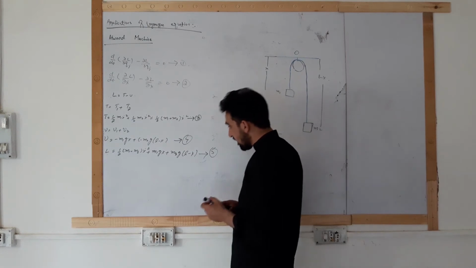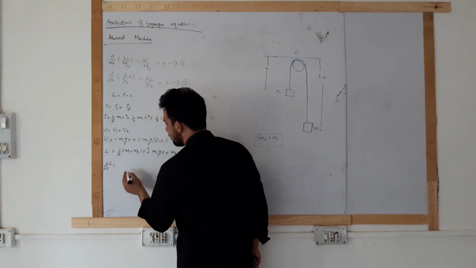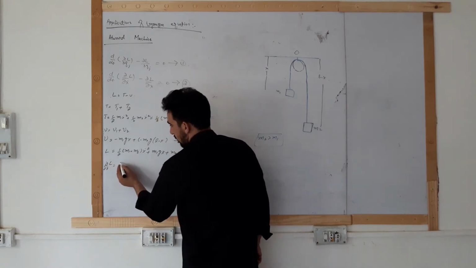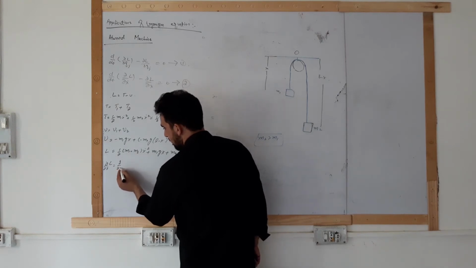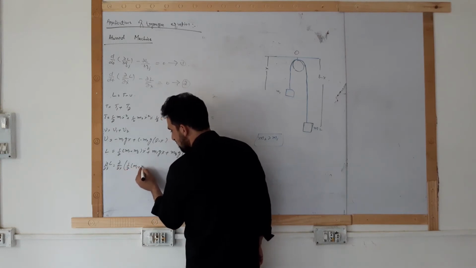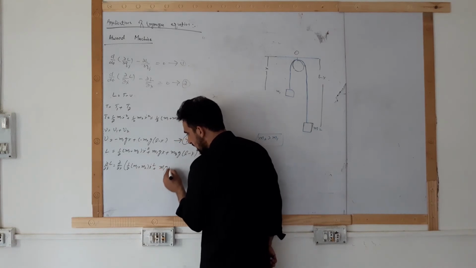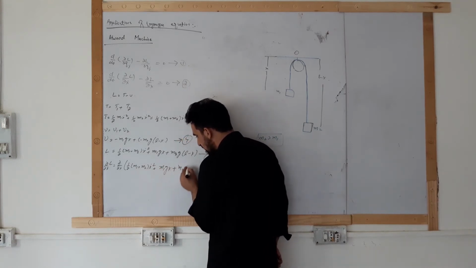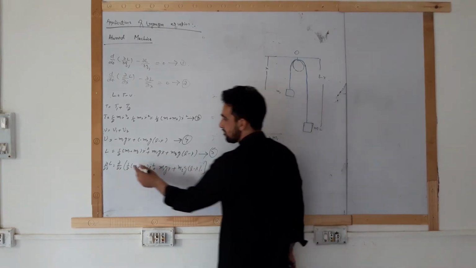By differentiating with respect to x dot, partial L by partial x dot is equal to partial by partial x dot of half M1 plus M2 times x dot square plus M1 g x plus M2 g times L minus x.